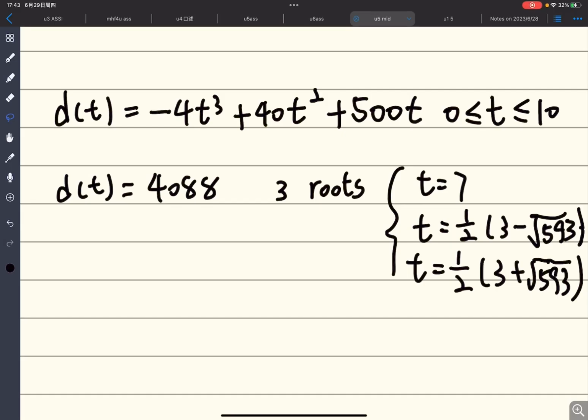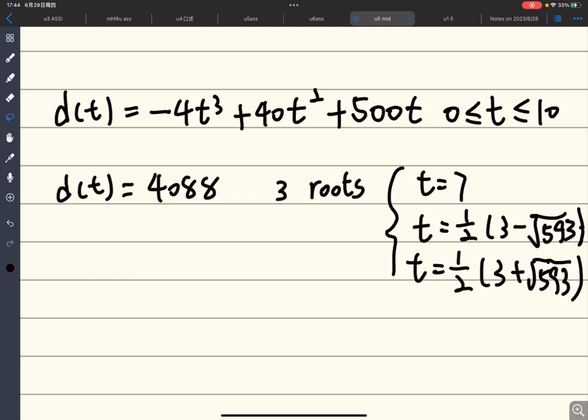Now let's move on to question 2. The distance d in kilometers traveled by a plane after t hours can be represented by the function d(t), for t greater than or equal to 0 and less than or equal to 10.